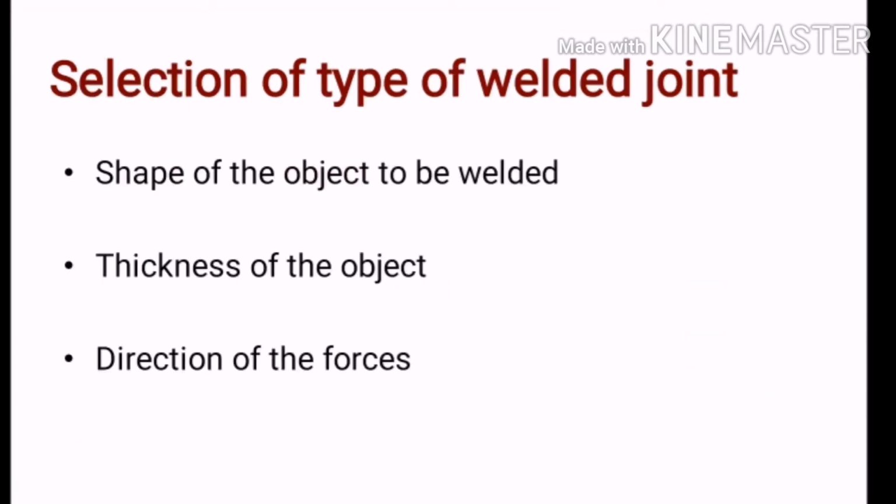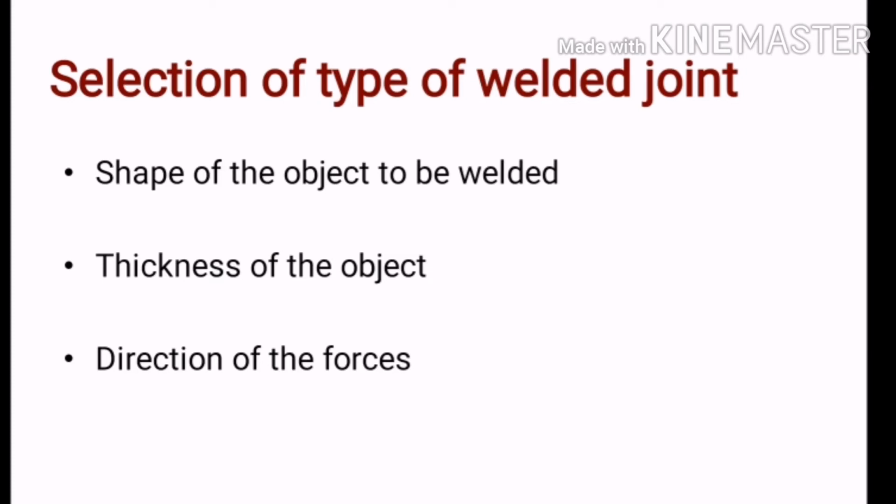Till now we have studied the various types of welding joints such as lap joint, butt joint, corner joint, T-joint, etc. Now, which type of joints should be used on which application?